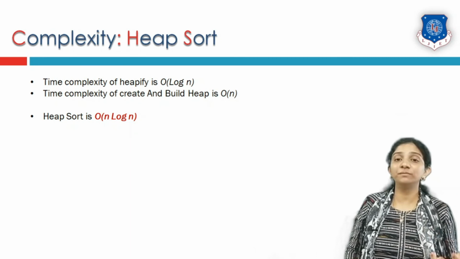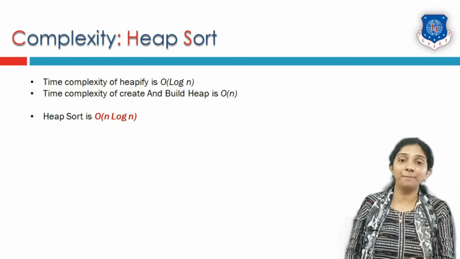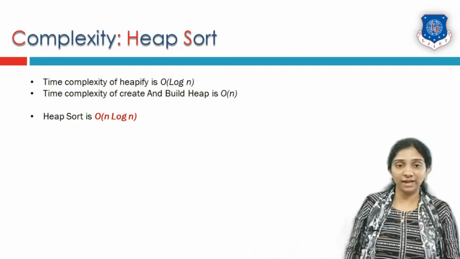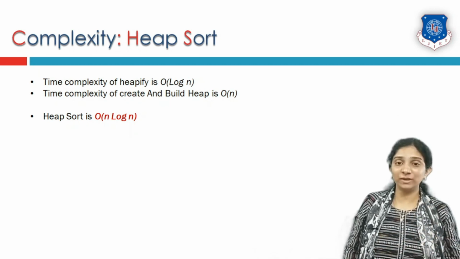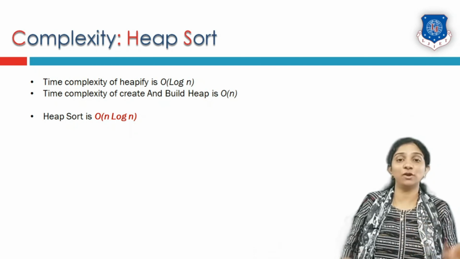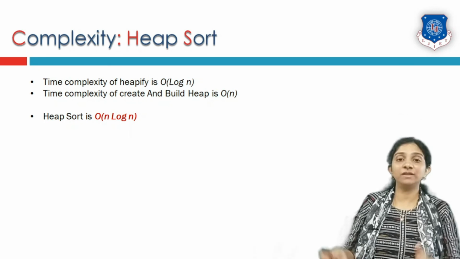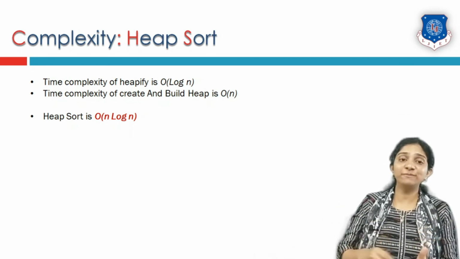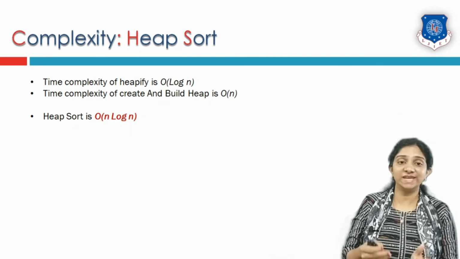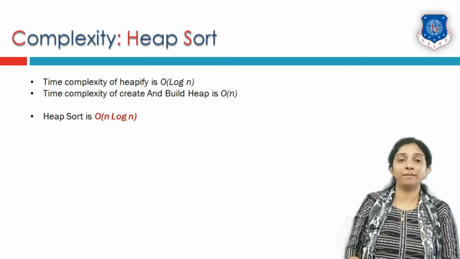We have to perform this n times because at the end of each heapify and swap, we are actually sorting one element. So to sort n elements, n minus 1 steps will be taken, which has a complexity of big O of n. So for n minus 1 elements, log n steps are performed. That's why heap sort has a complexity of big O of n log n.